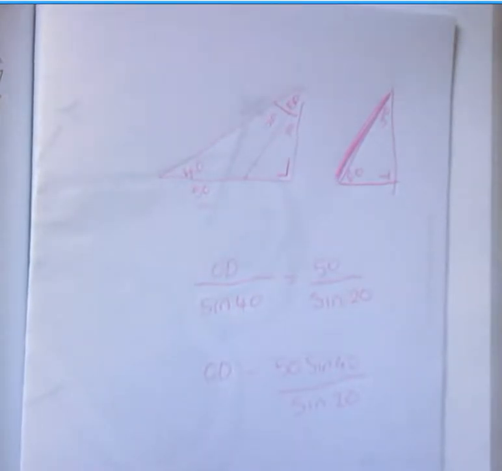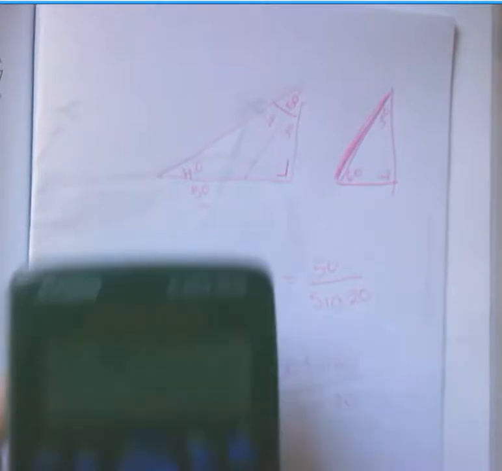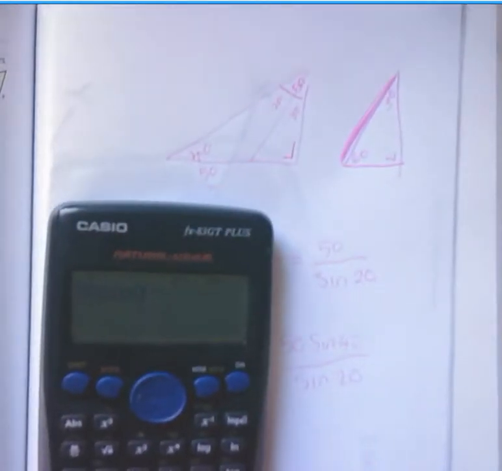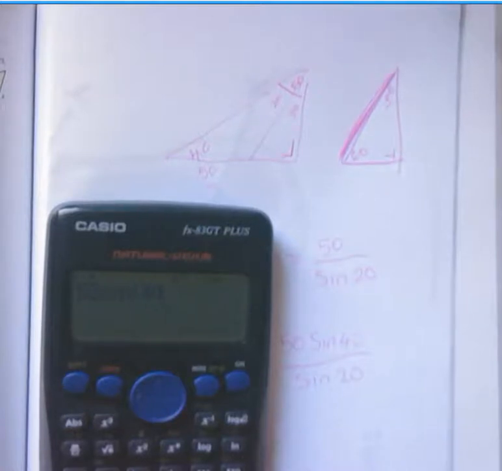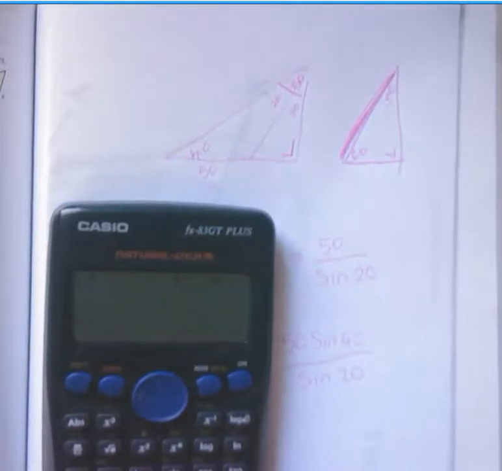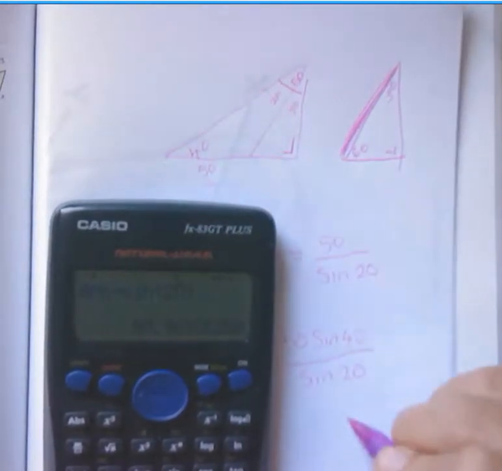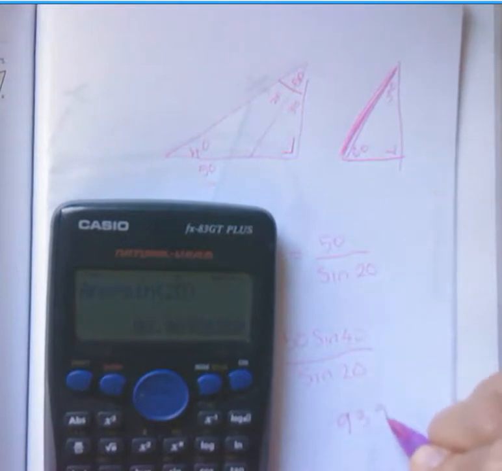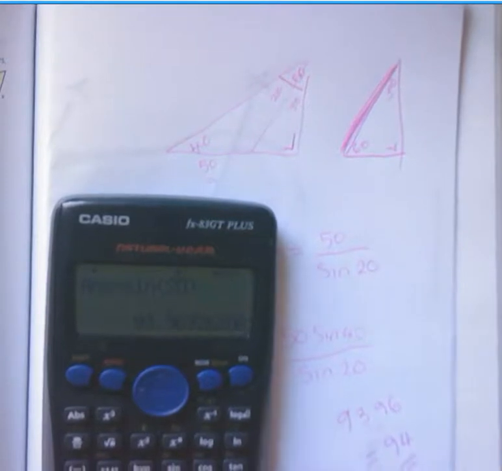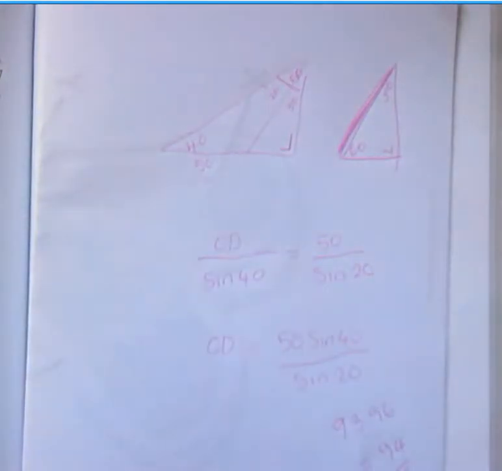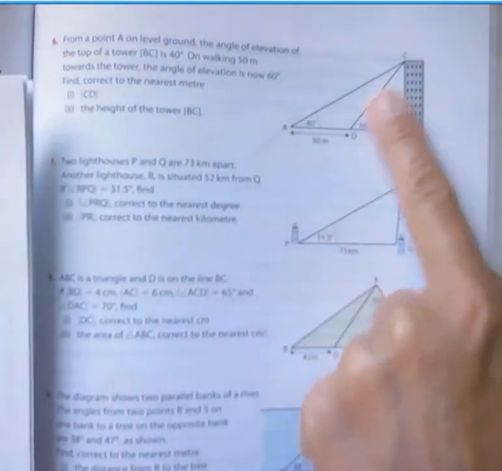On the calculator, you go 50 sine 40, close your bracket, equals, divide by sine of 20, close bracket, equals. You get 93.96. If you're going to the nearest unit, that's 94 meters, or units long. And that's our CD. So that's this side.